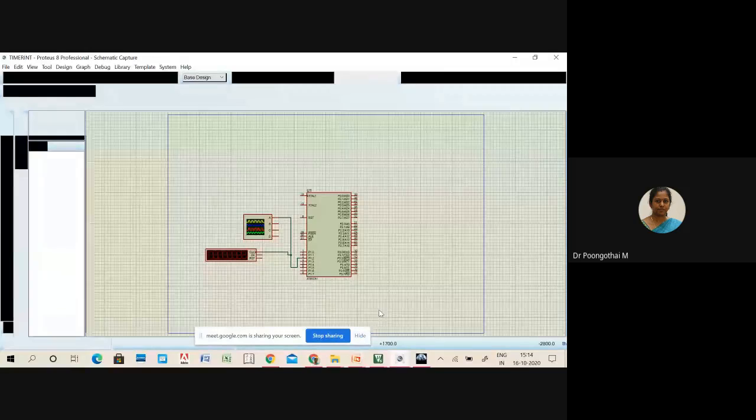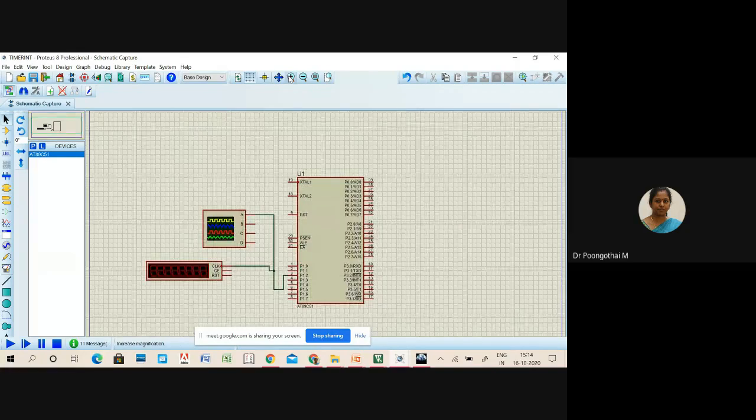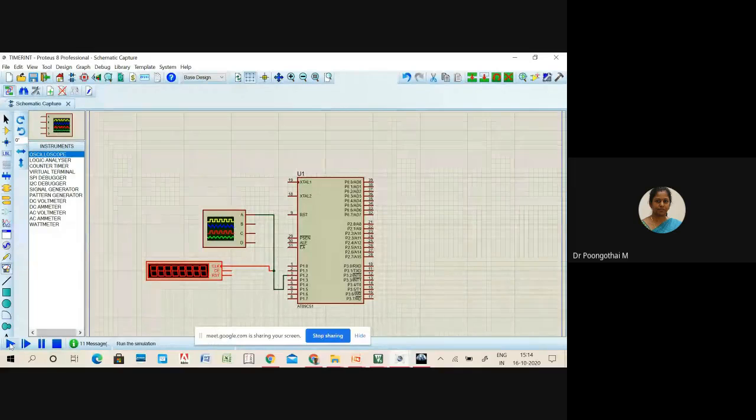So when we simulate this in Proteus, this is a counter timer device. You have to connect the clock of this particular device to your port P1.2. Here I have connected a CRO at P1.2. Let's run this code.